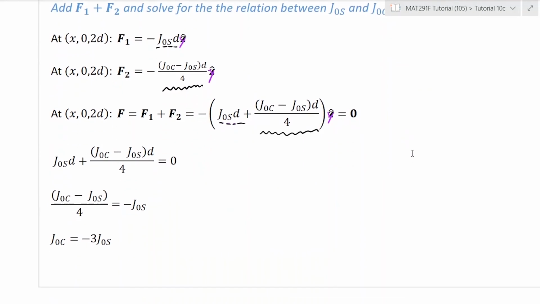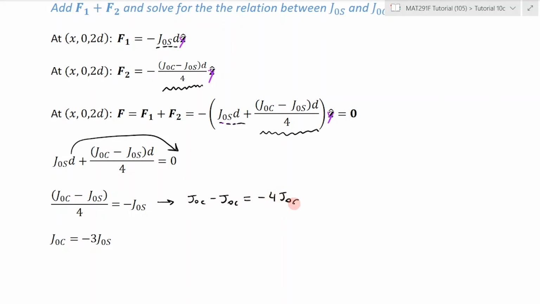The only way for this to be the case is for this whole thing to be 0. That's what I wrote here. Then I took this and transferred it to the right-hand side. That's what I got here. Next thing I did is I multiplied both sides by 4. So I got this. And then I transferred this to the right-hand side. So then I got negative 3 here, because it's negative 4 plus 1. And this is it. This is all we need to do for this problem.